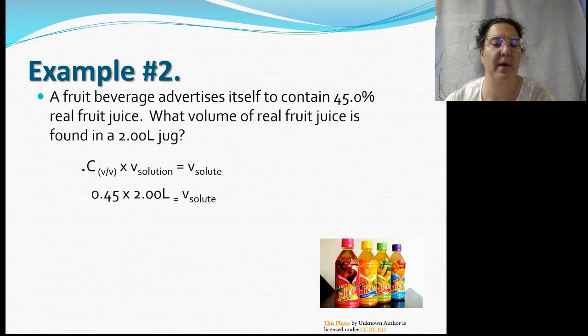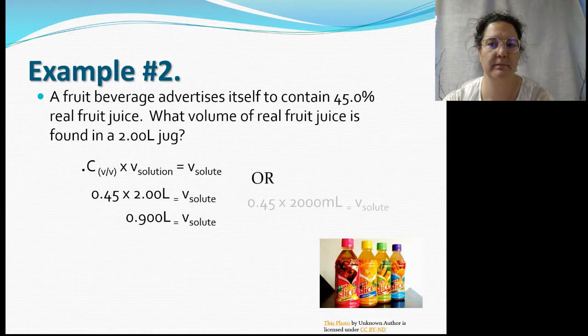So multiply that by 2 liters, and the volume of the solute is 0.9 liters. Or we can say we have 0.45 times 2,000 milliliters, and 900 milliliters is the volume of our solute. So just different units in that answer.